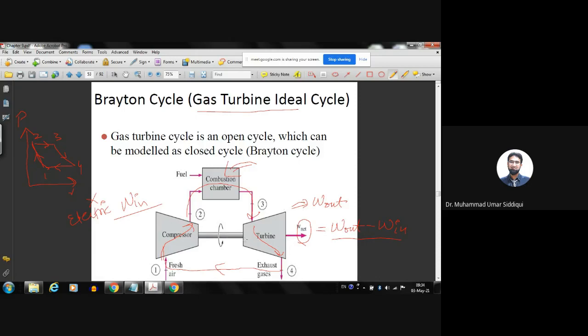Normally, we connect this turbine to an electric generator, and the generator produces electricity. This is something that happens in reality. So this is our Brayton cycle.